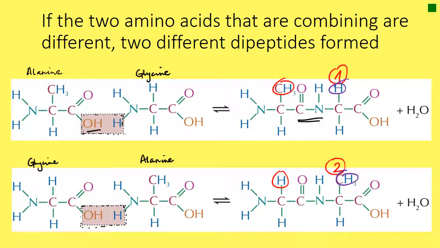So here's the statement. We're saying that if the two amino acids that are combining are different, two different dipeptides are formed. So in the first case, let's say we've got two different amino acids. I'll use the common names. This one here is alanine, just for speed purposes, and this is glycine.